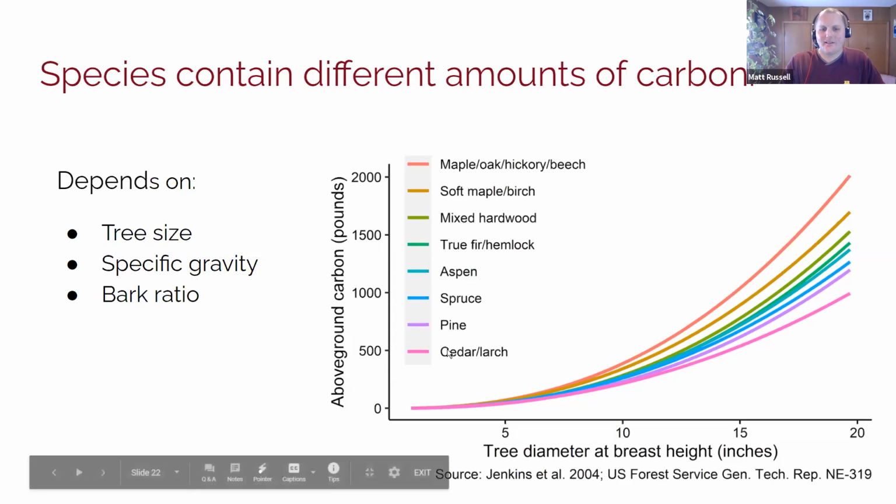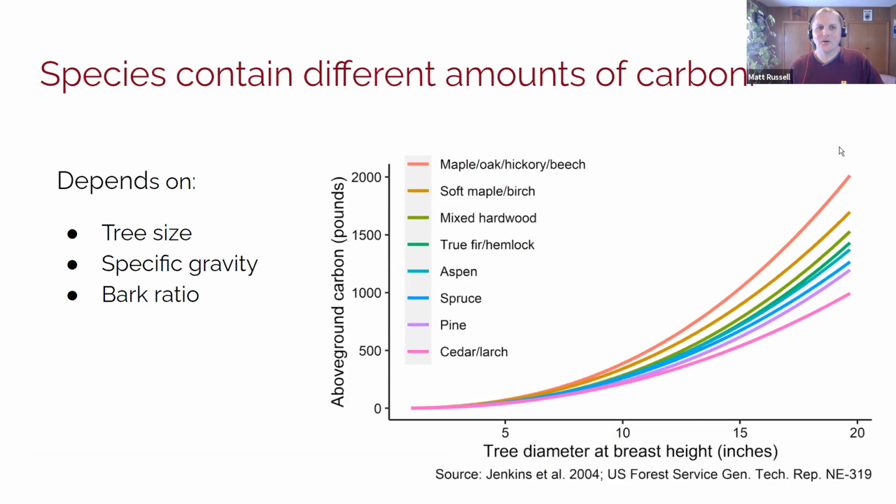And so compare that to our cedar and larch trees, which have generally the lowest amount of biomass, the lowest amount of carbon for the same diameter tree, if we were to compare that to, say, a maple or an oak or a hickory tree. And so it's important to understand what the species are when it comes to quantifying how carbon is different across different species, different forests.